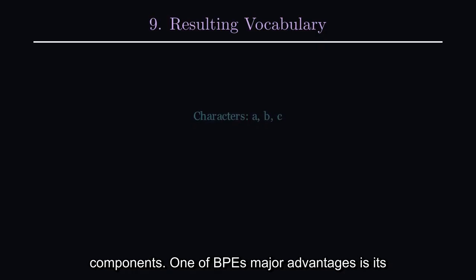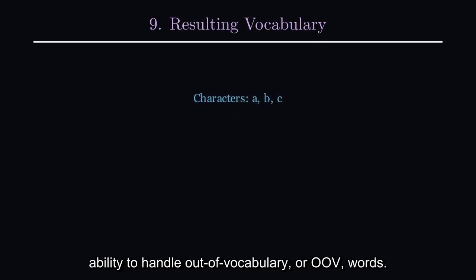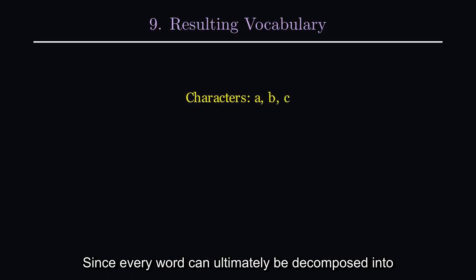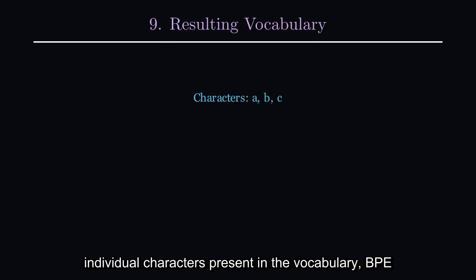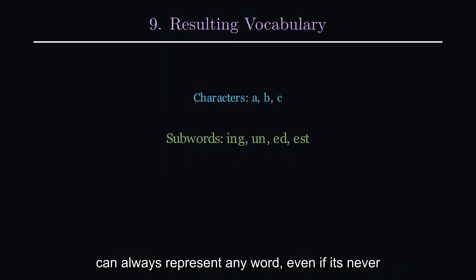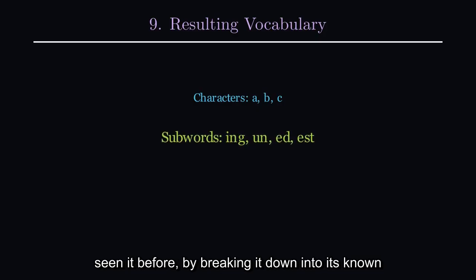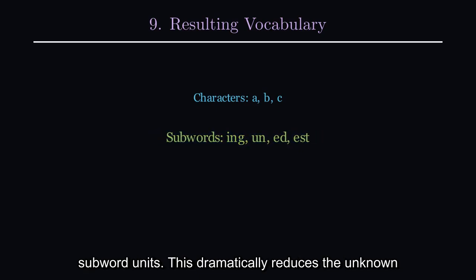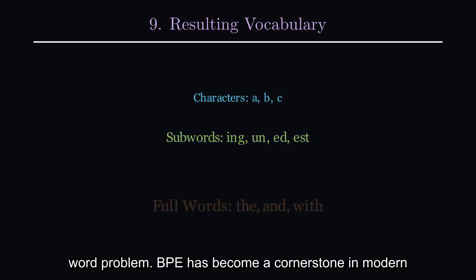One of BPE's major advantages is its ability to handle out-of-vocabulary, or OOV, words. Since every word can ultimately be decomposed into individual characters present in the vocabulary, BPE can always represent any word, even if it's never seen it before, by breaking it down into its known subword units. This dramatically reduces the unknown word problem.